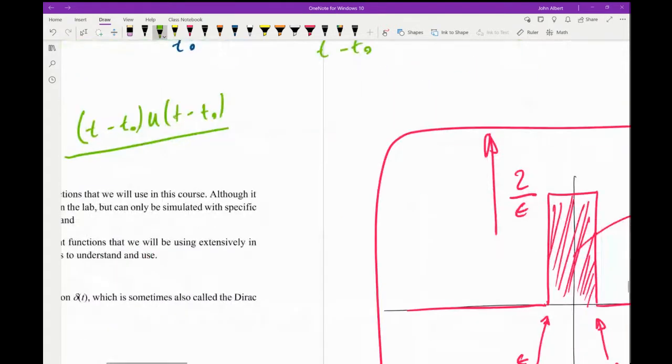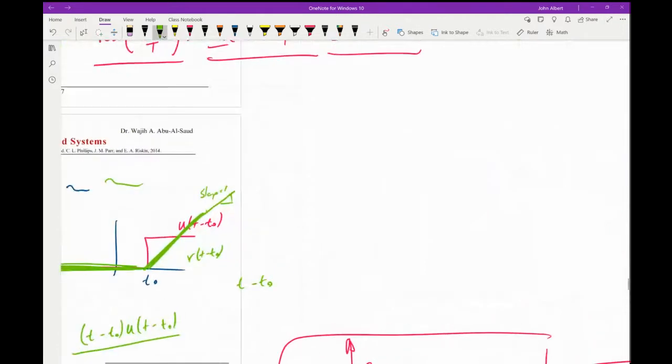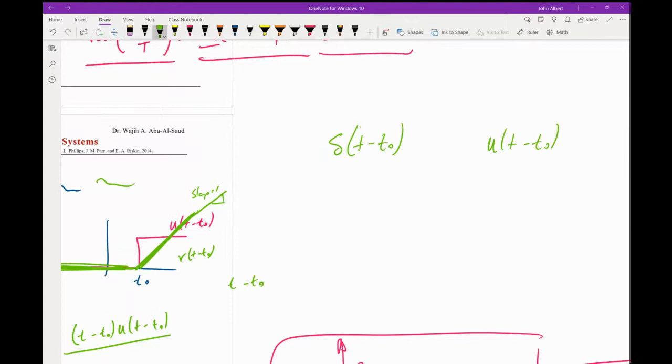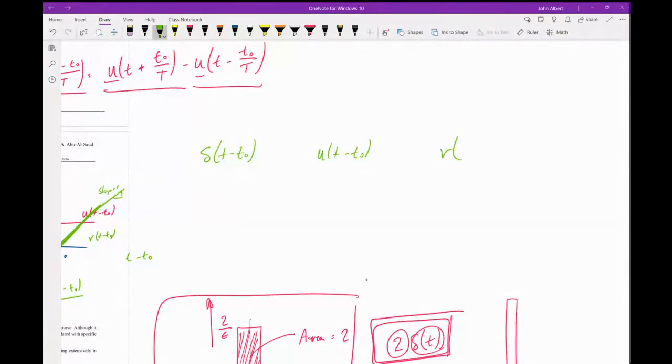Which means the following, and maybe the last thing that I want to mention here, and I have about 10 minutes that I'll try to solve a problem for you, okay? If I have, let's say, delta of t minus t0, u of t minus t0, and r of t minus t0, okay?